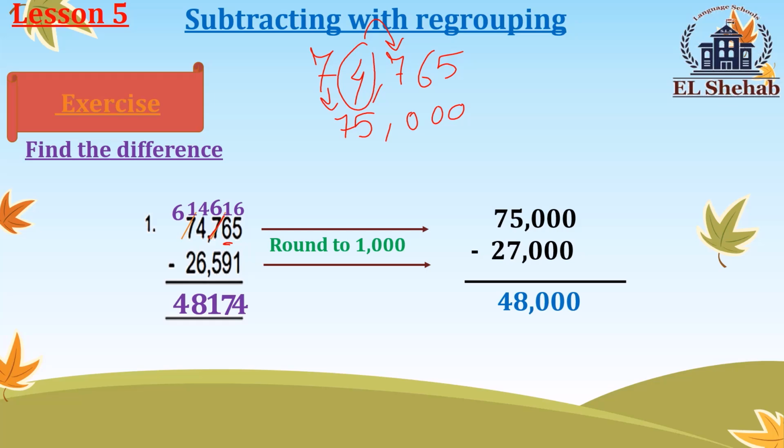So I will borrow from the next place value. Here it will be 6, and the one I took, I will put it here in front of the 5. Let's write it in a clear way. It will be 15. Now 15 minus 7 makes 8. 6 minus 2 equal 4.